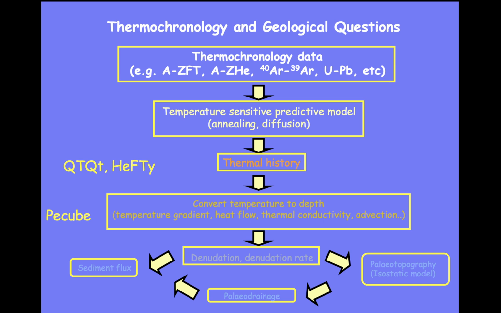And then some of the questions that we're actually interested in terms of earth science problems are about how topography evolves, or how erosion occurs, how drainage evolves, how sediments are produced. And all those questions here down at the bottom of this figure are much more distant from the original data than just the thermal history.